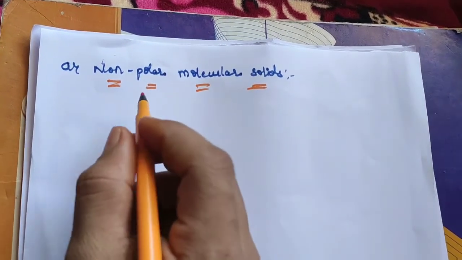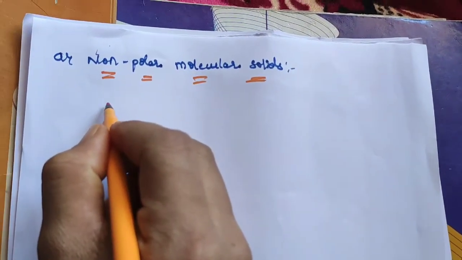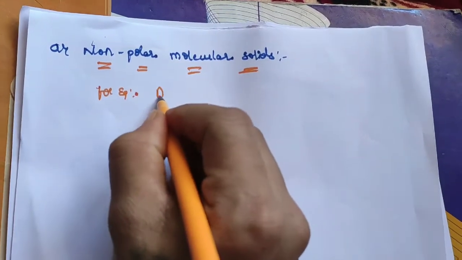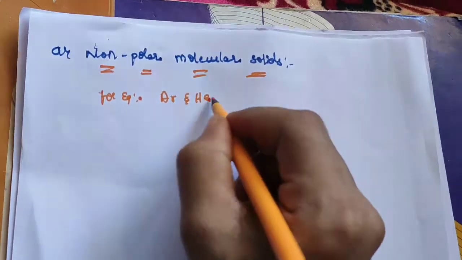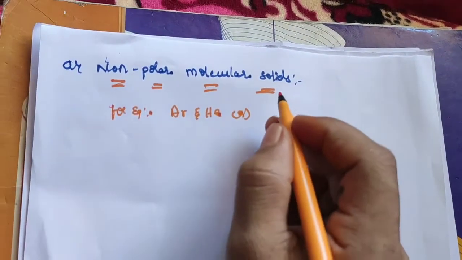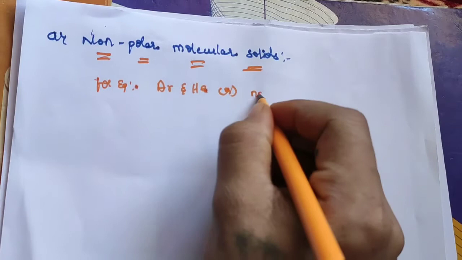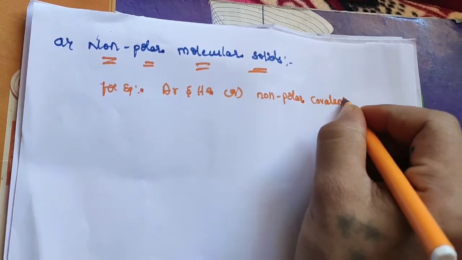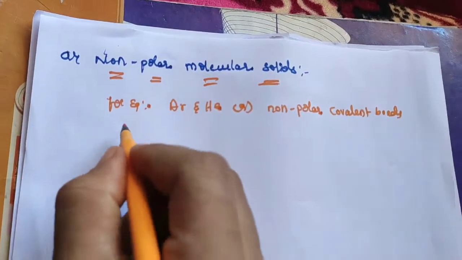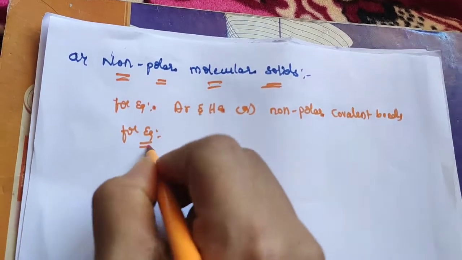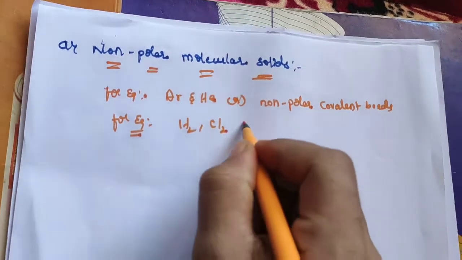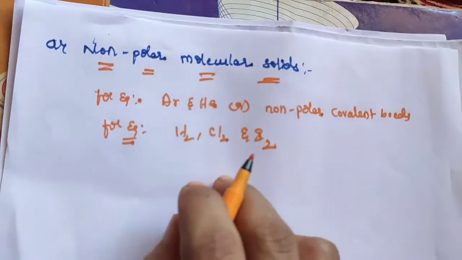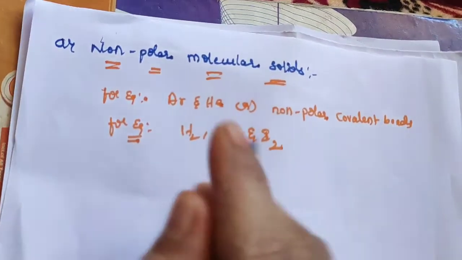Nonpolar molecular solids comprise either atoms, for example argon and helium, or molecules formed by nonpolar covalent bonds, for example H2, Cl2 and I2.